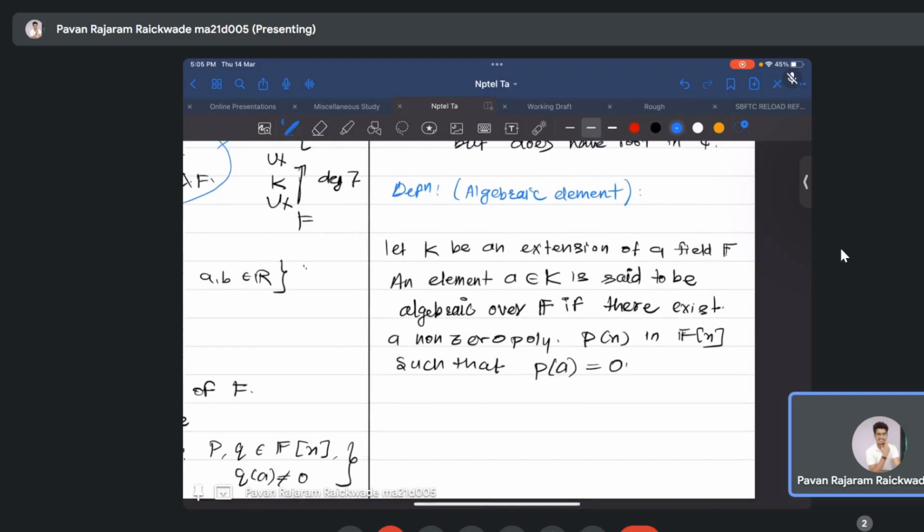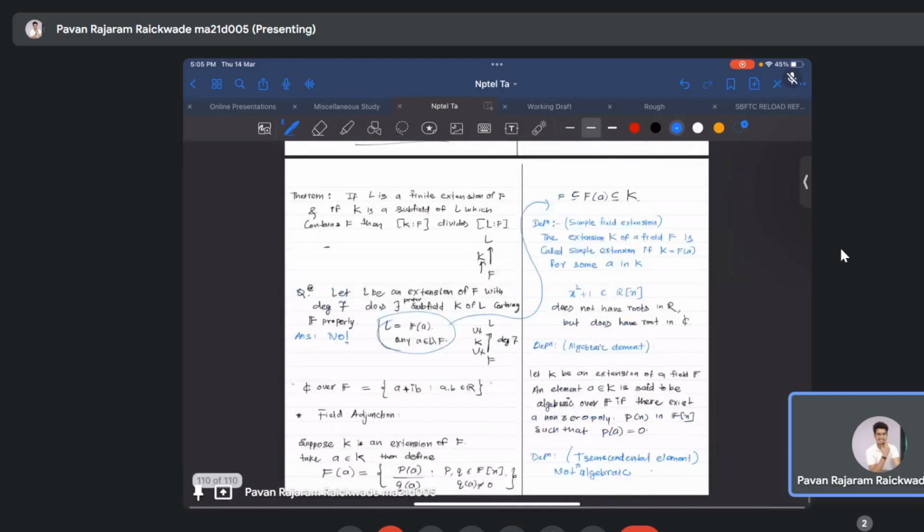Another definition is transcendental element. So basically, the element which is not algebraic. That's all. Okay, so these are the definitions.